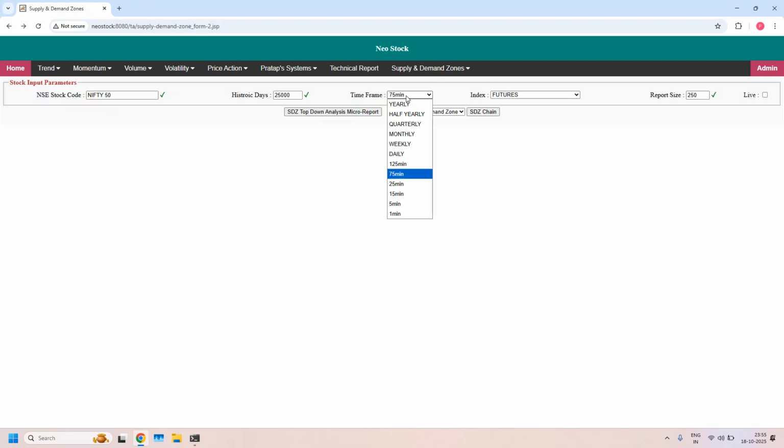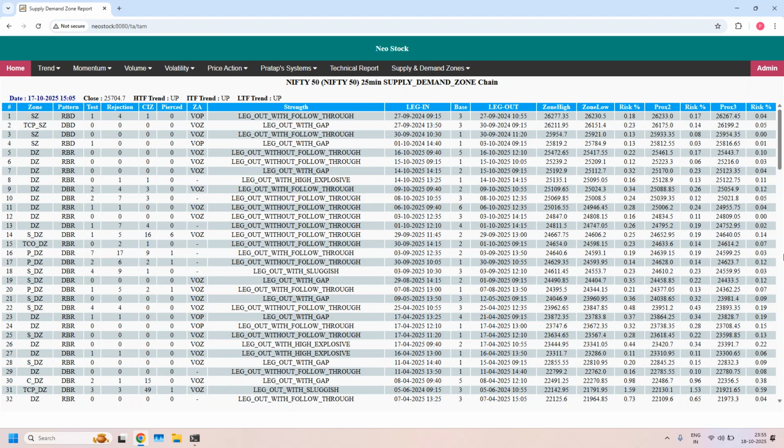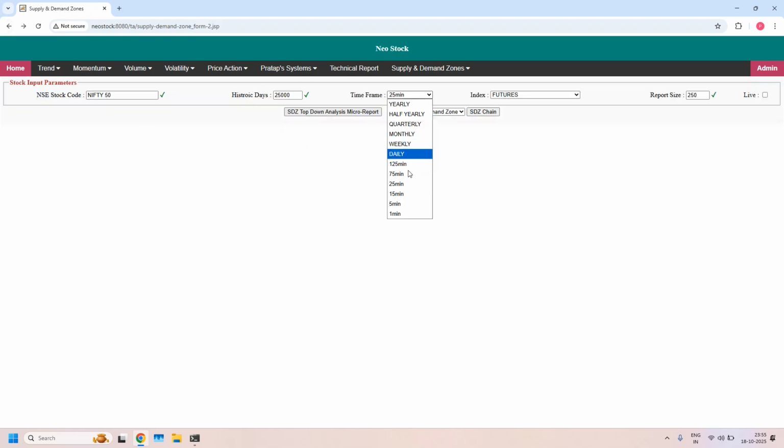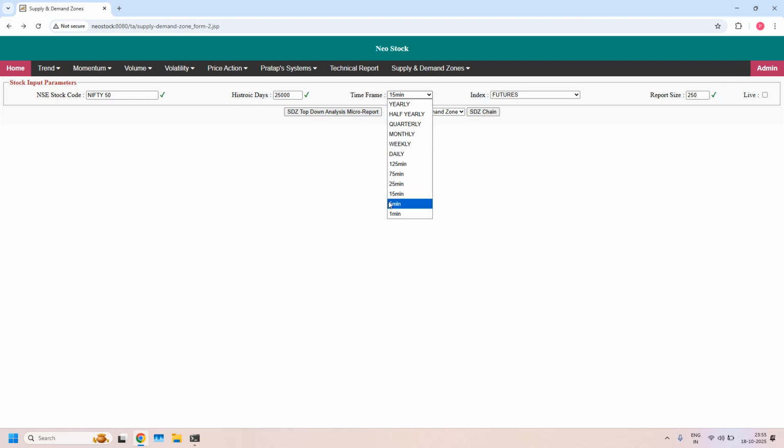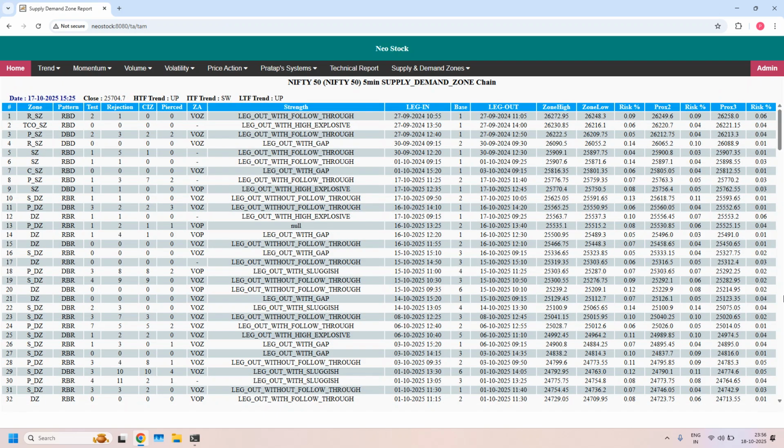Next, generating 25 minutes supply demand zone chain for Nifty. Next, generating 15 minutes supply demand zone chain for Nifty. Next, generating 5 minutes supply demand zone chain for Nifty. So this is a Nifty supply demand zone chain report generation.